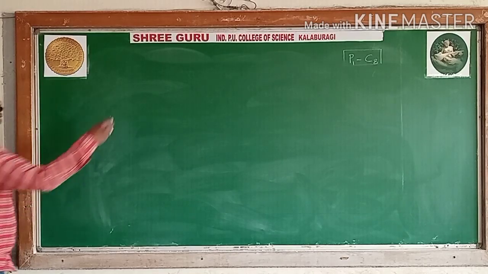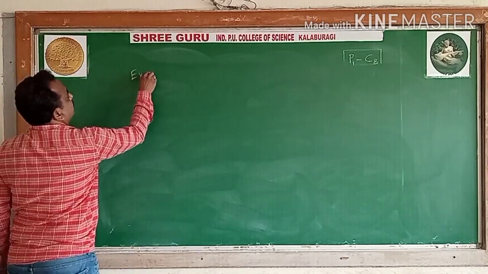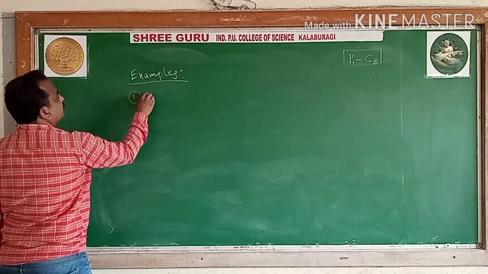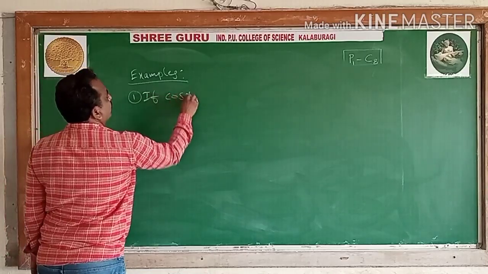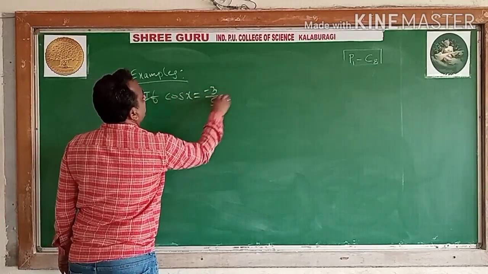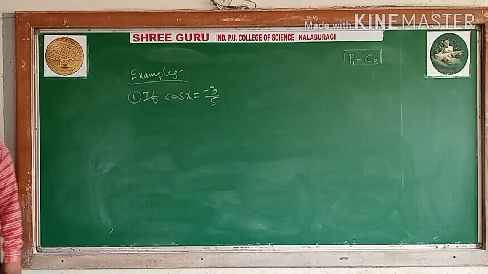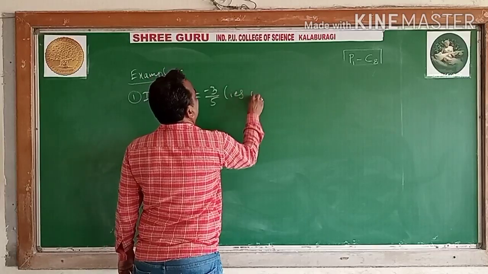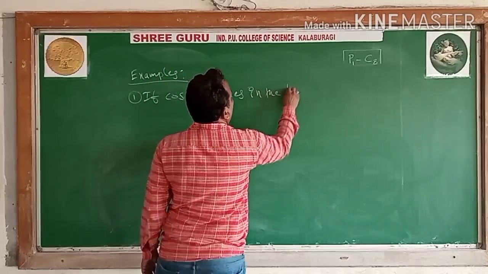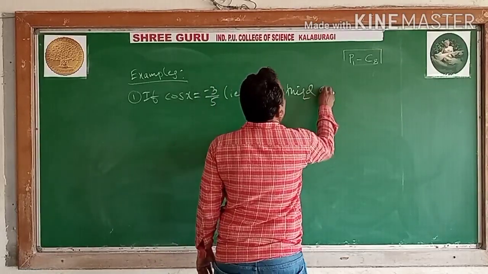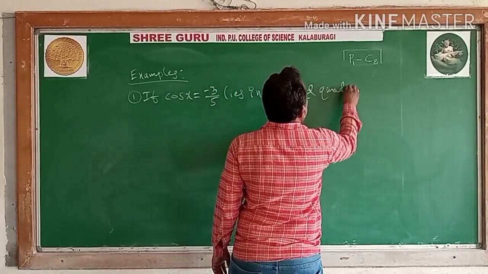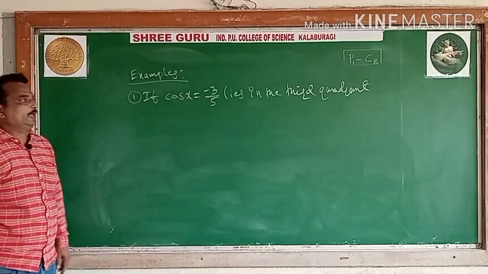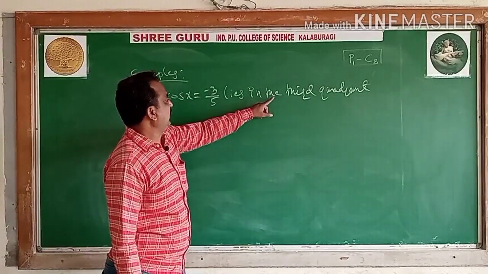If cos x equals minus 3/5, given that x lies in the third quadrant. One function is given here, and it is given that x lies in the third quadrant.